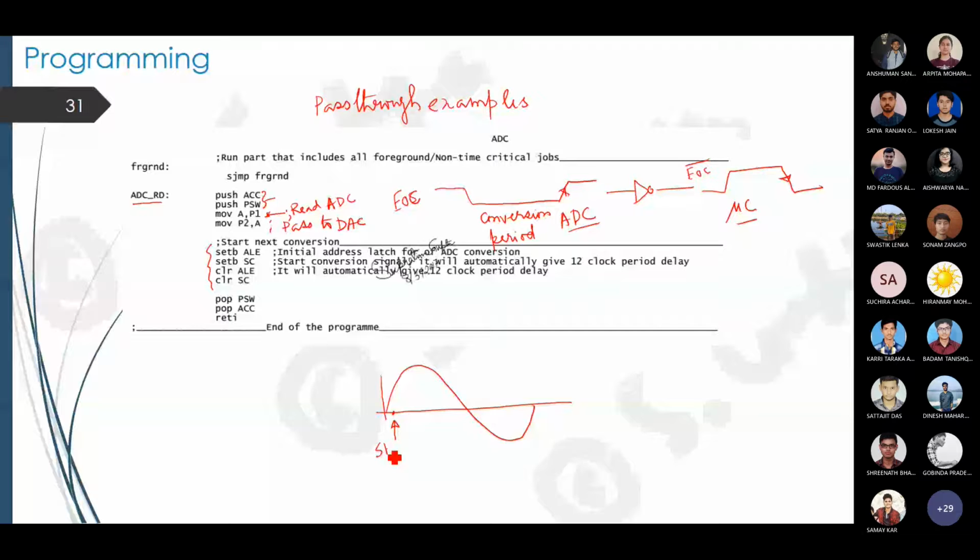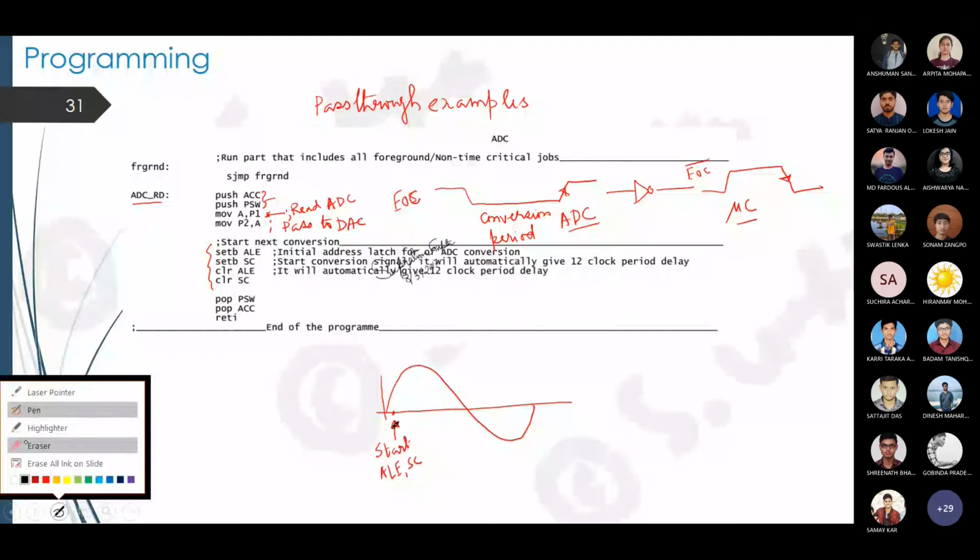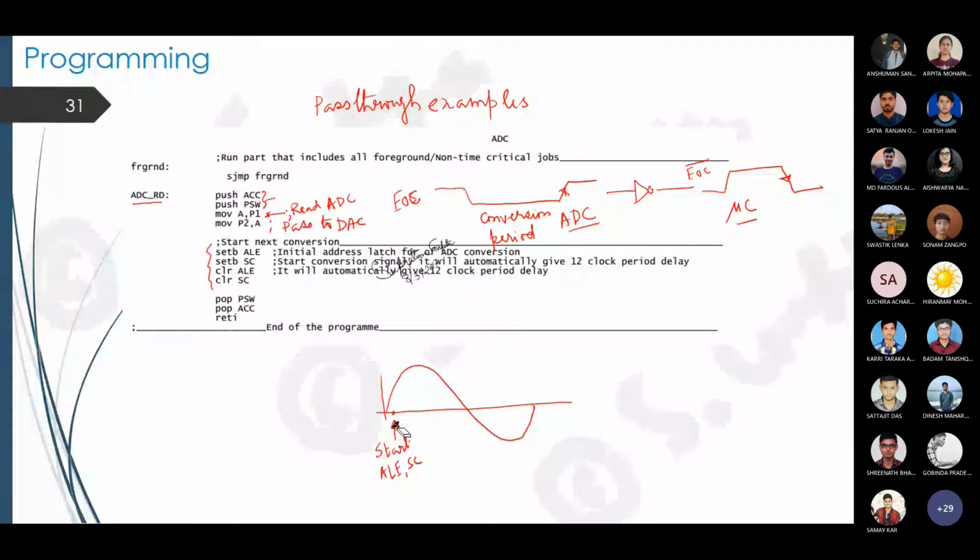Or instead of that, let it be like this. So it has started somewhere here, and then it will take some time, that conversion time, so it will get that sample.